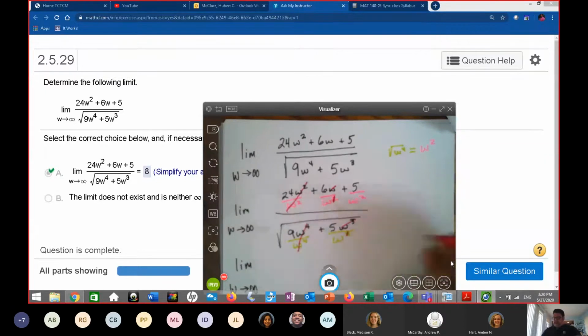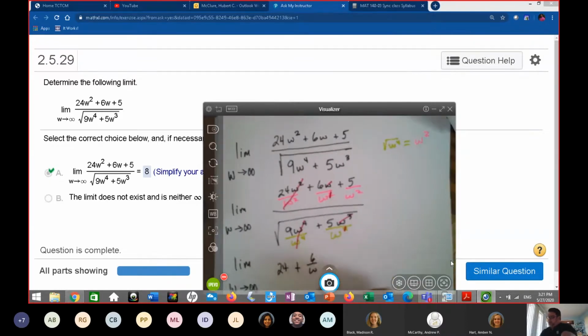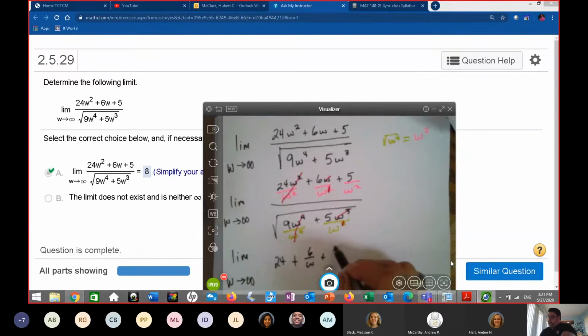So here's our last limit before we actually plug and chug: 24 plus 6 over w plus 5 over w squared, over the square root of 9 plus 5 over w.